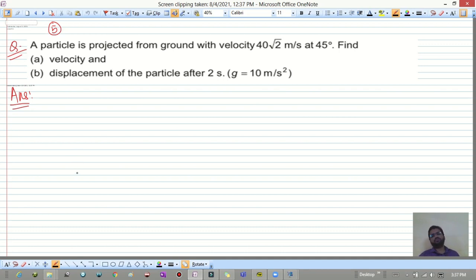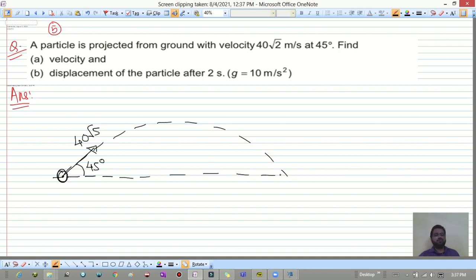Now one particle is given which is thrown at an angle of 45 degree with respect to horizontal, and it will go and hit somewhere here. But we want the velocity and displacement of the particle after 2 seconds. So let us consider at 2 seconds it will be at this point.